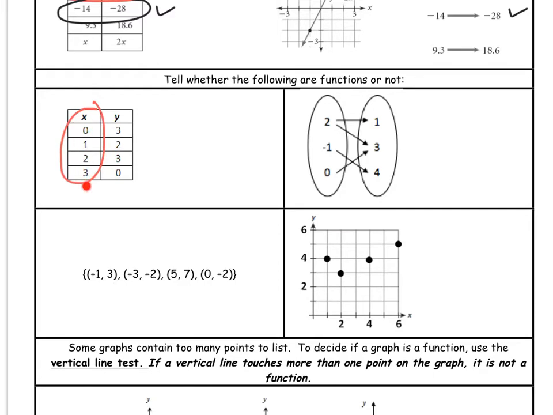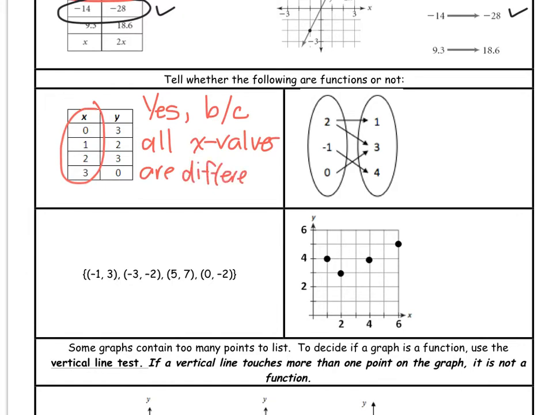And they are. So that means that this set of ordered pairs, this relation, this table, is a function. Yes, it's a function because all x values are different, and that means that each input has exactly one output.